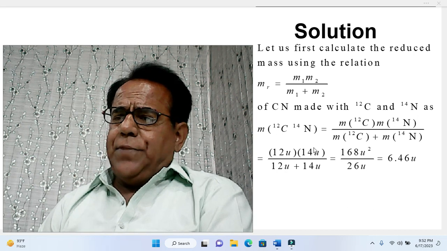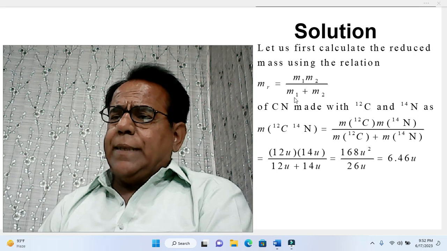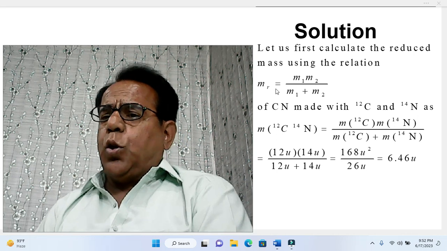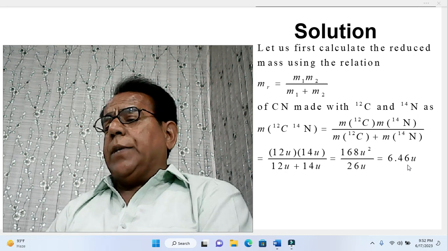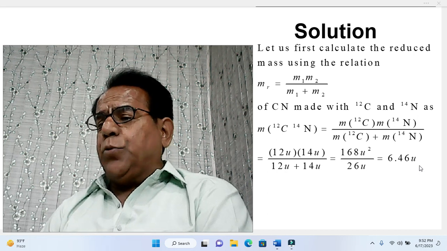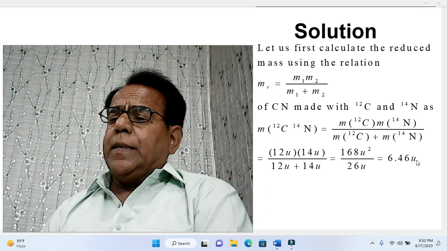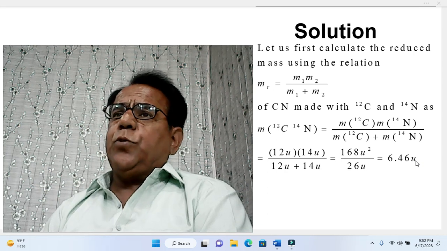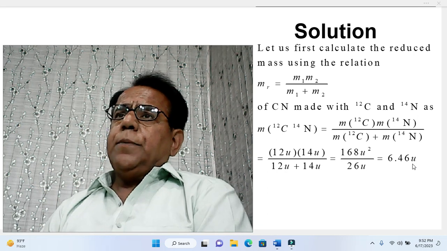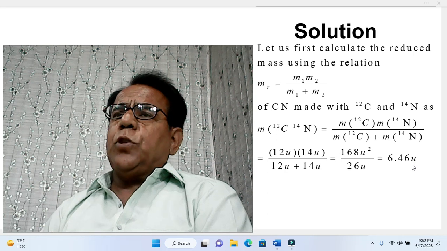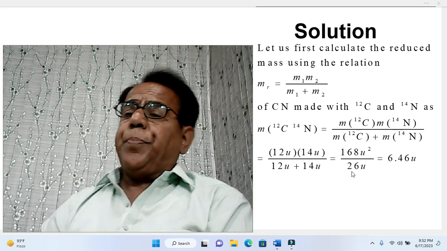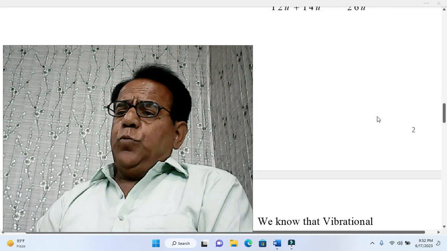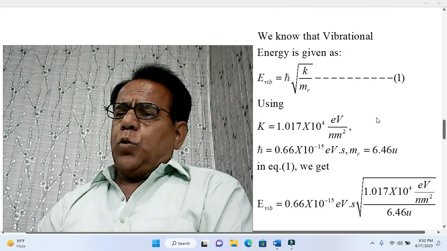After simplifying this, we conclude that the reduced mass of carbon nitride is 6.46 small u. Small u stands for unit, and this unit is the atomic mass unit. Now we move to the next part of this problem.